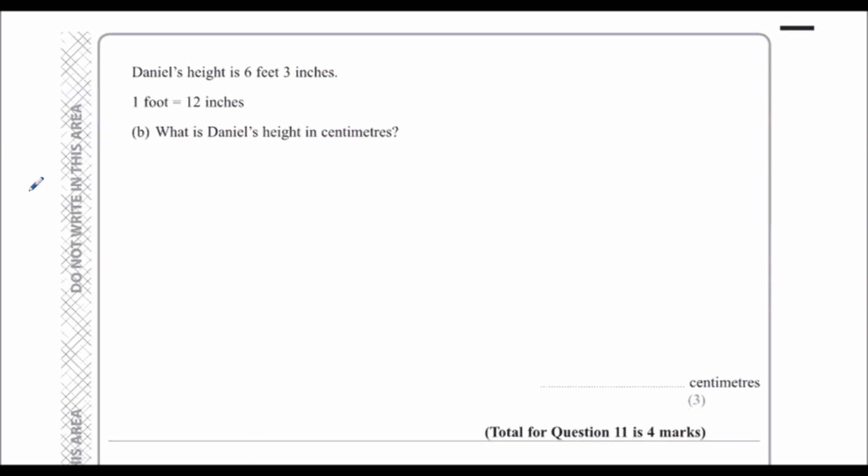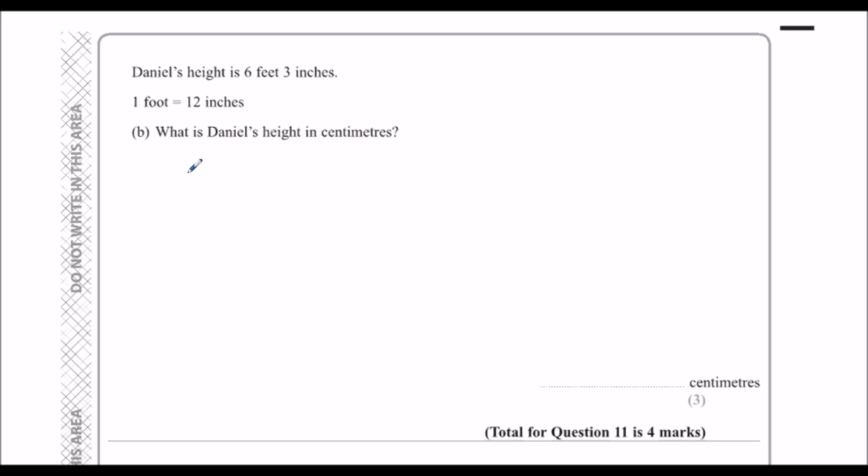Okay, Daniel's height is 6 feet 3 inches and 1 foot is 12 inches. What is Daniel's height in centimeters? Okay, so let's work out his height in inches first, and then we'll change the inches into the centimeters.